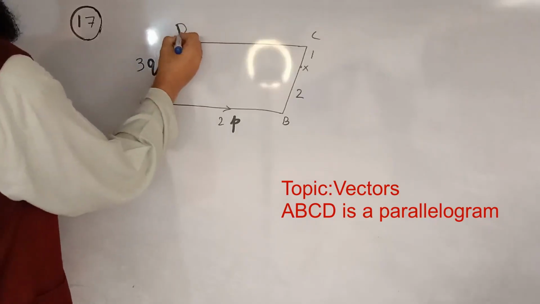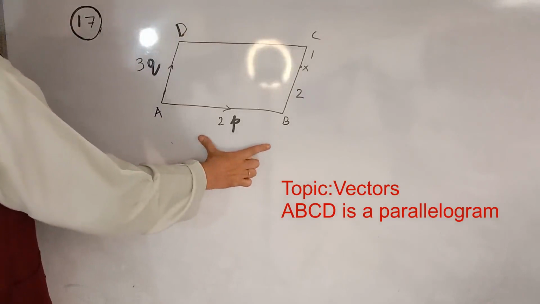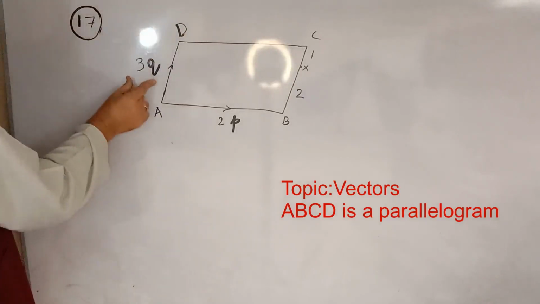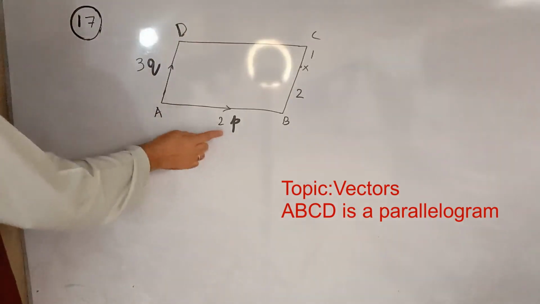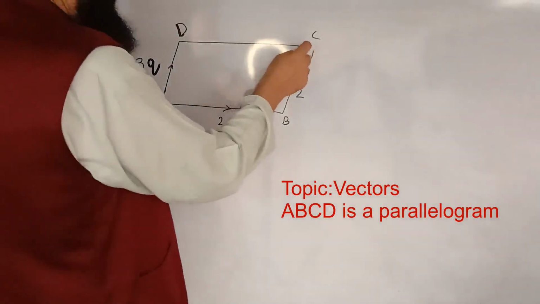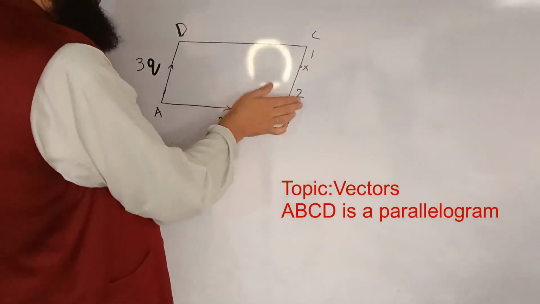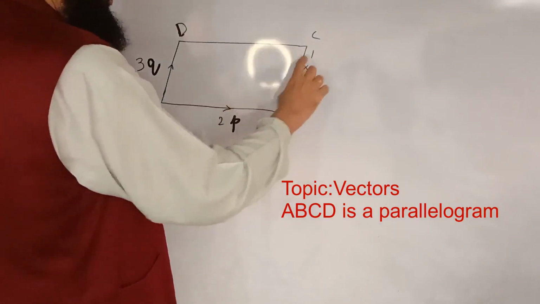A, B, C, D. It is given that AB vector is 2P and AD is 3Q. Q is a vector, P is a vector, 2 and 3 are scalar numbers. Also X is a point on the side BC such that it divides the length BC in the ratio 2:1. This is 2, this is 1.